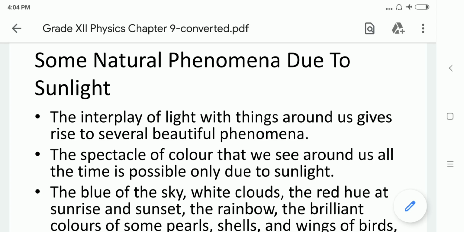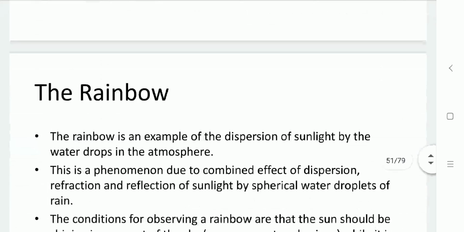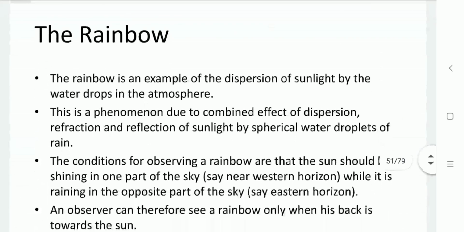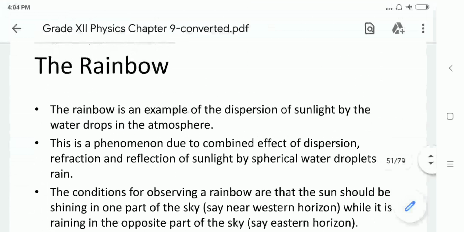Here, let us go through the beautiful phenomenon, the rainbow. This rainbow is available due to the dispersion of sunlight by the water drop. It is the combined effect of dispersion, refraction and reflection of sunlight onto the water drop.